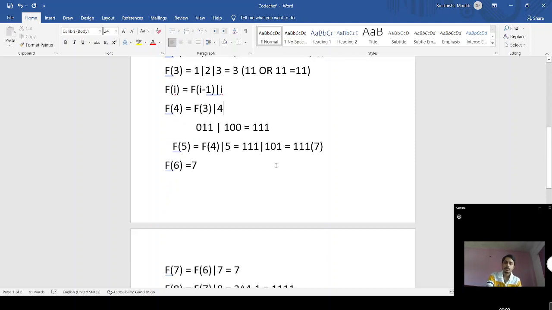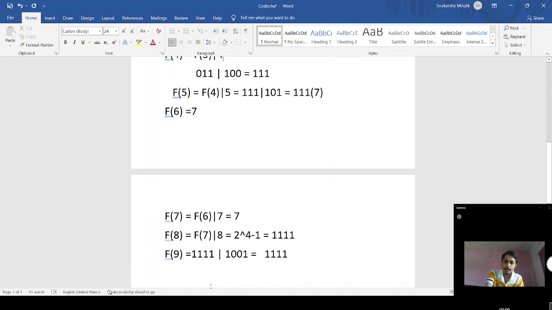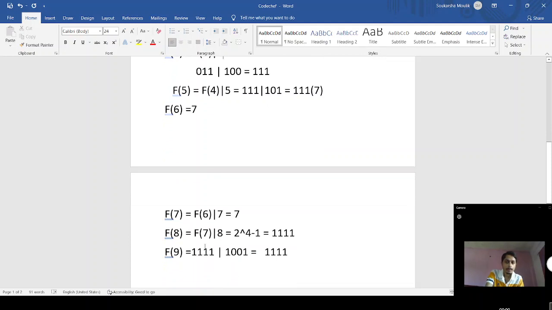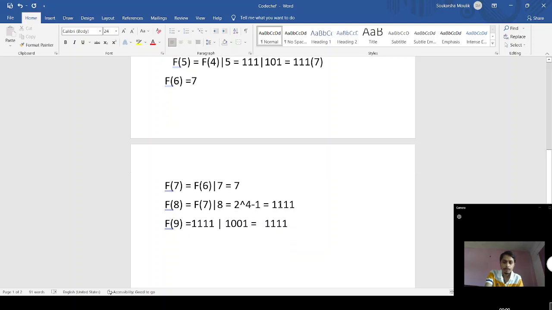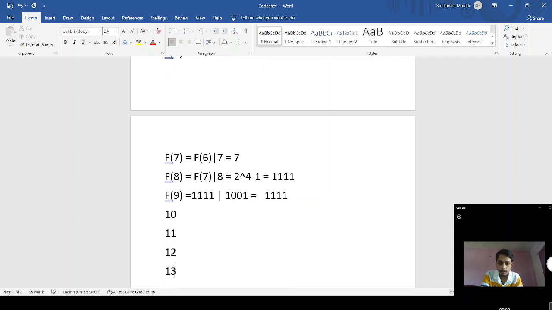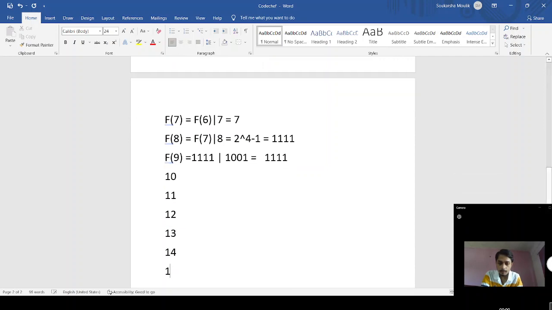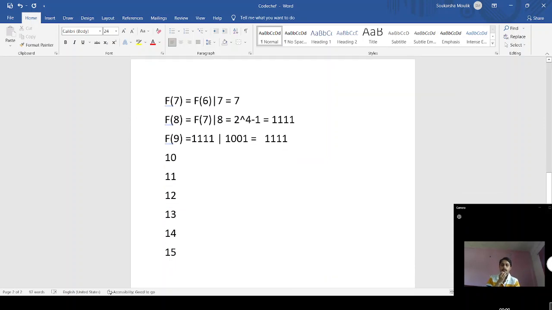Now 5, 6, 7 will have 3-bit binary, so the answer will be 7 for all these. Similarly for 8 we got 15. So for all of 9, 10, 11, 12, 13, 14, 15, the answer will be 15.